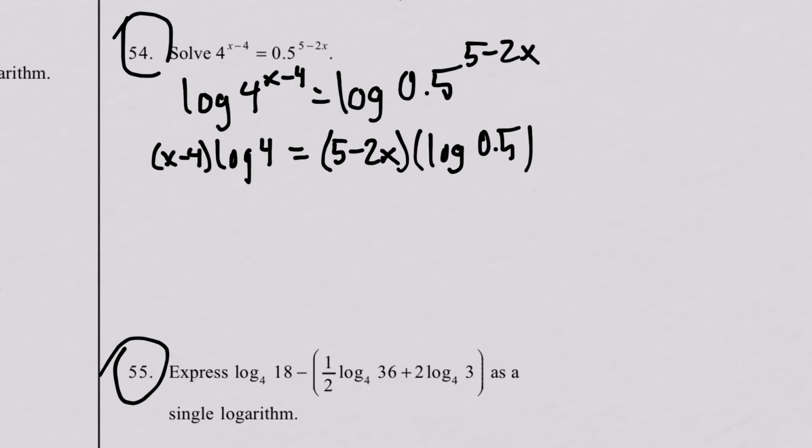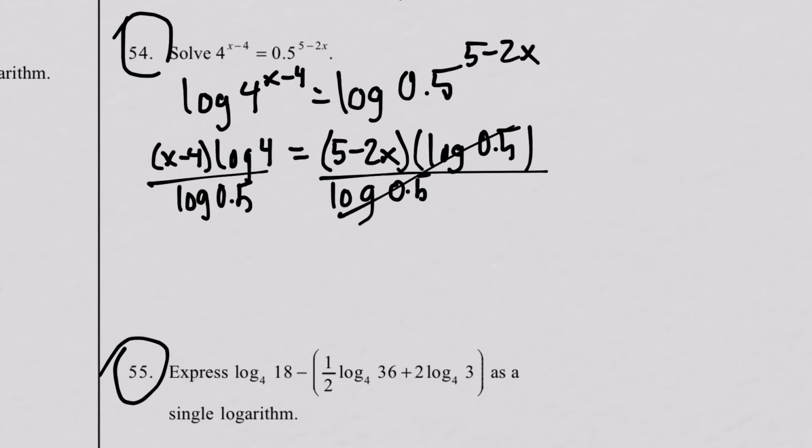Okay, so next I am going to divide by log of 0.5. I also could have chosen to divide by log of 4. Log, not just 0.5, but the log of 0.5. It's going to cancel on that side. On this side, I'm going to use my calculator to calculate what log of 4 divided by log of 0.5 is.